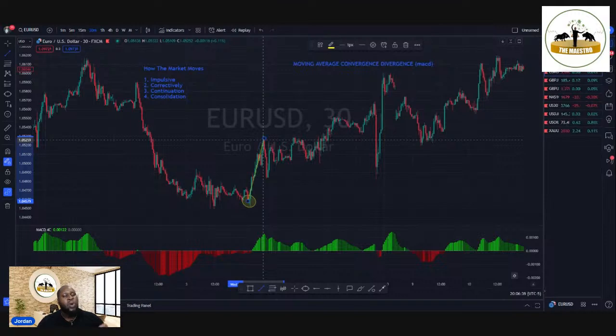Then what happens is when it retraces, when it comes back towards itself, we call that a correction, right? So this entire thing over here, although it gives a funny shape, is a correction. Now, the continuation is the continuance of that move going towards that original impulsive direction. So that will be the continuation, all right?